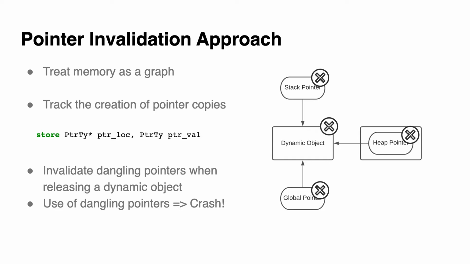When releasing a dynamic object, it invalidates all the dangling pointers created by mapping them into empty pages. Therefore, use of the dangling pointers will automatically cause a crash.